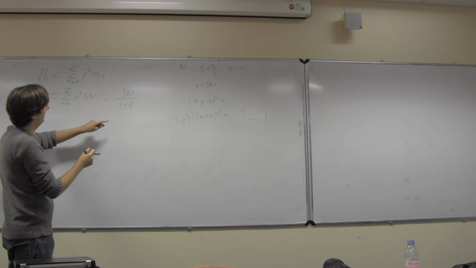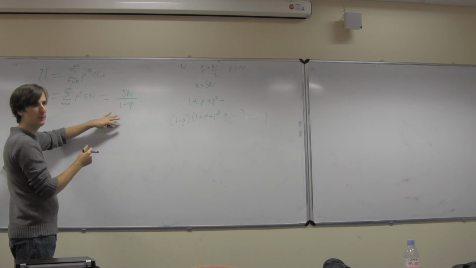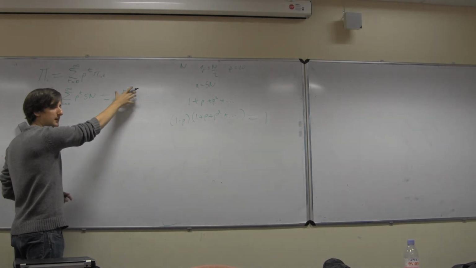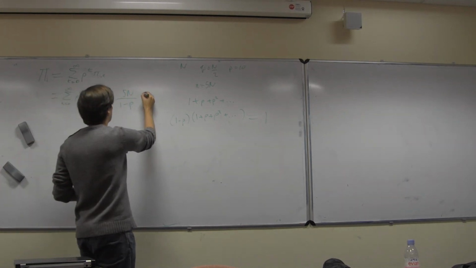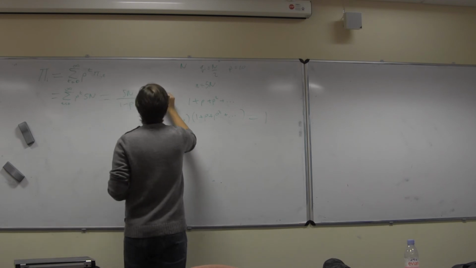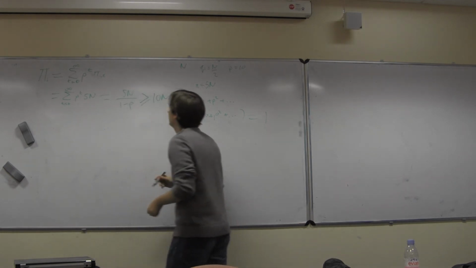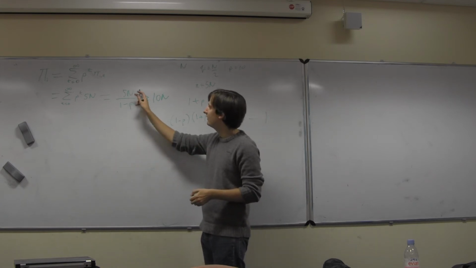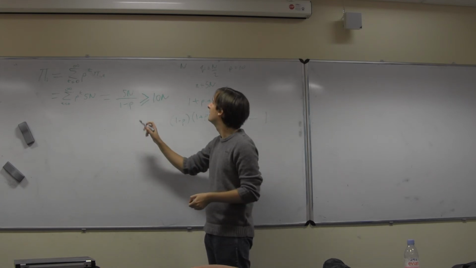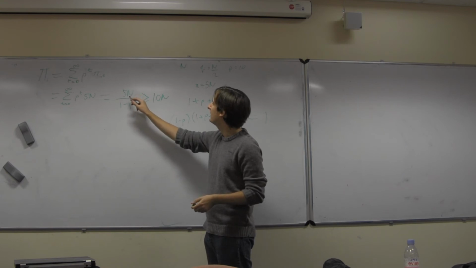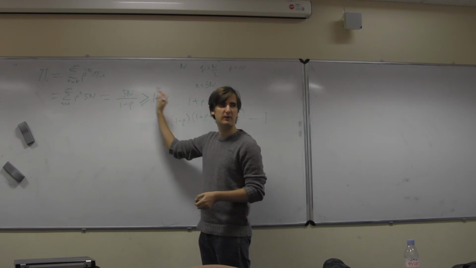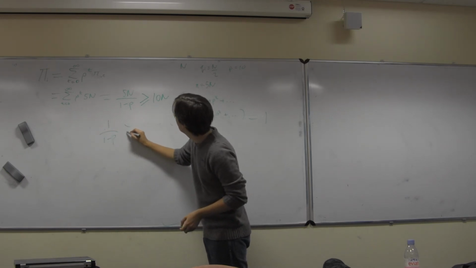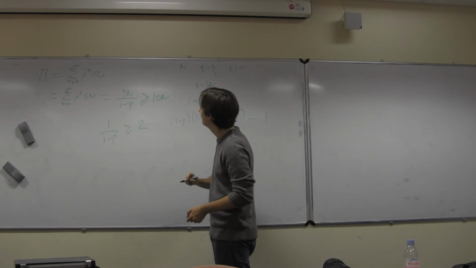So for the collusive outcome to be in equilibrium, we need the profits we get from not deviating to be bigger than, or equal to, the profits we get from deviating, which we just said were 10n. So all we need to do is solve this inequality for rho. We divide both sides by 5n, and this becomes 1 over 1 minus rho has to be bigger or equal to 2.